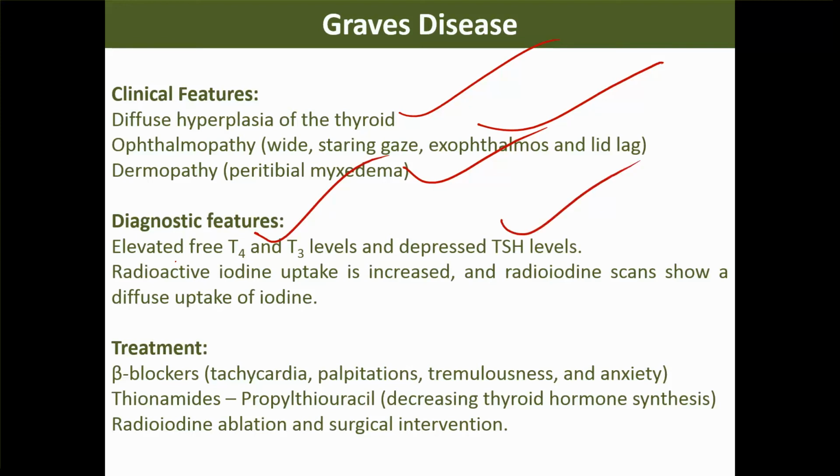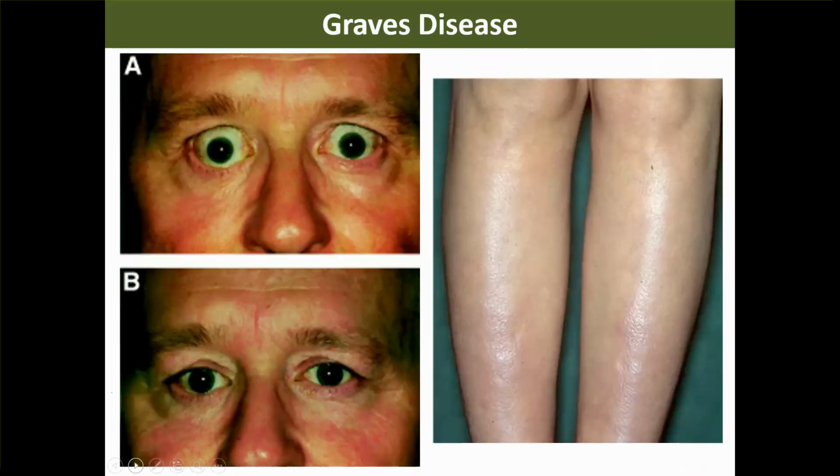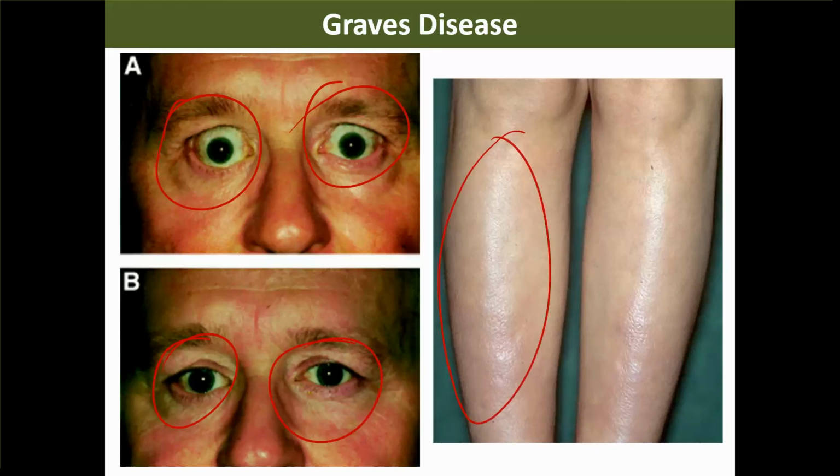The radioactive iodine scan will show diffuse uptake of iodine, and the drugs they give are beta blockers, antithyroid drugs like thionamides, and radioiodine ablation or surgical intervention. So this is the exophthalmos, and the patient becomes normal after the treatment, and this cushion-like covering over the tibial shaft is called pretibial myxedema.